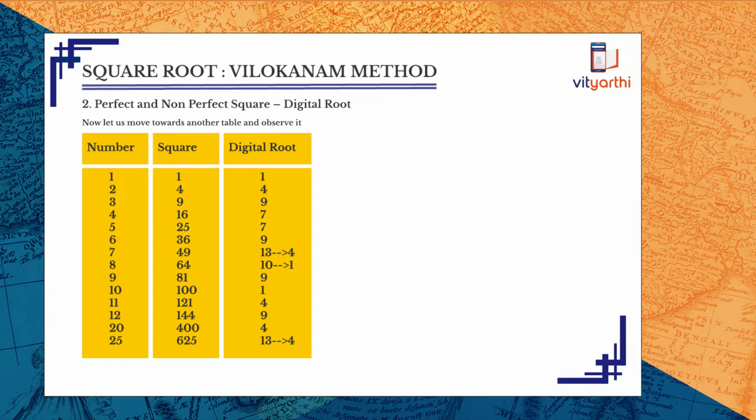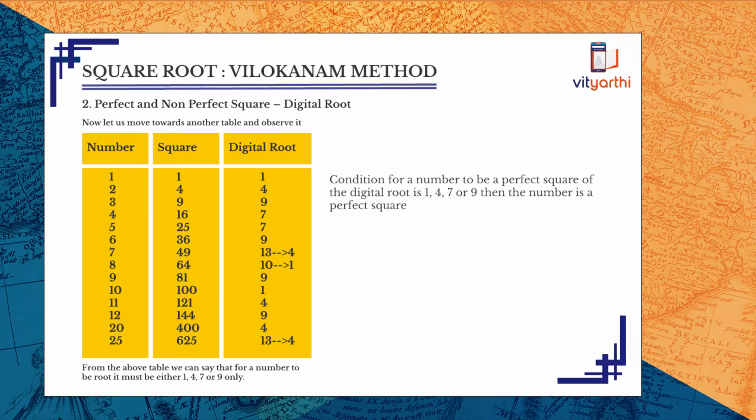By digital root. Condition for a number to be perfect square: if the digital root is either 1, 4, 7 or 9, then the number is called perfect square. If digital root is 2, 3, 5, 6 or 8, then the number is not a perfect square.